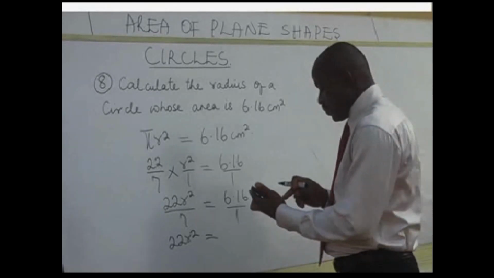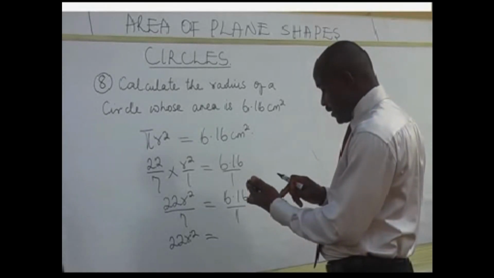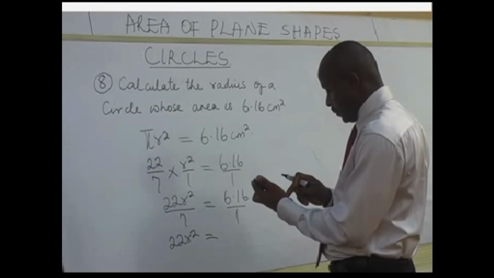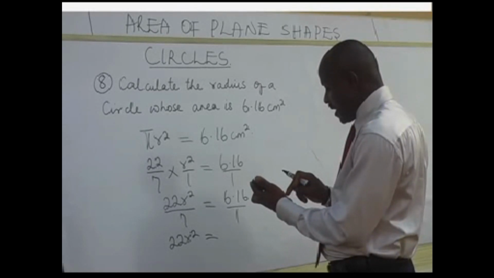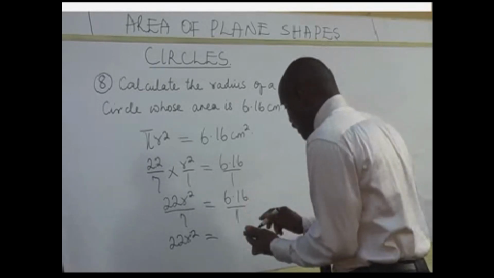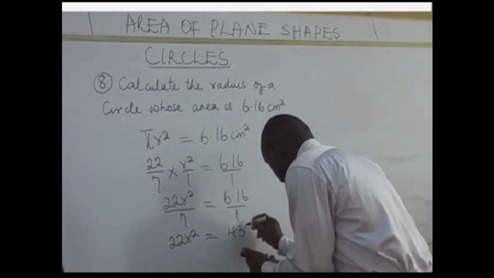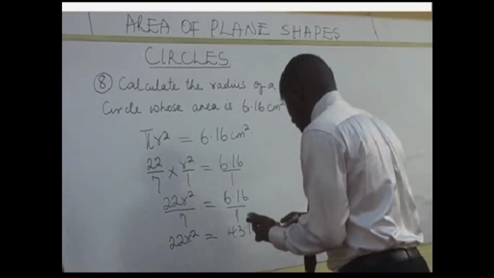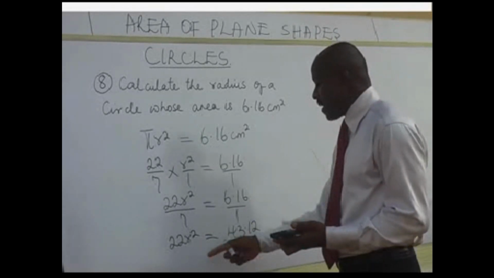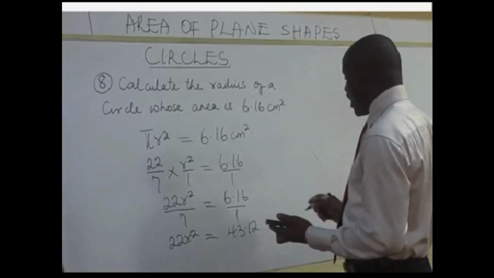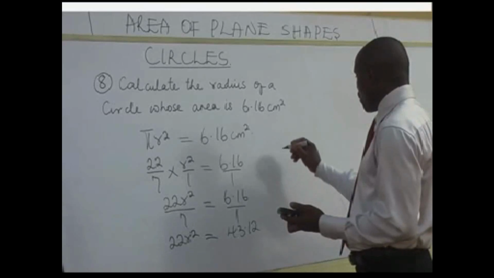7 and 6.16. 6.16 times 7 is giving me 43.12. Divide both sides by 22. You'll be left with only r squared on the left hand side of the equation.